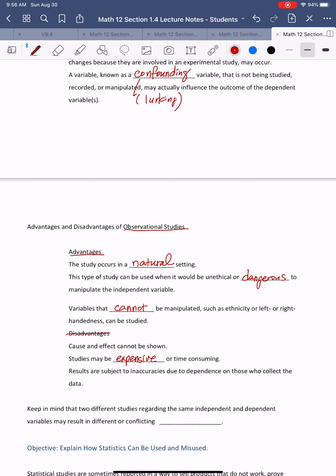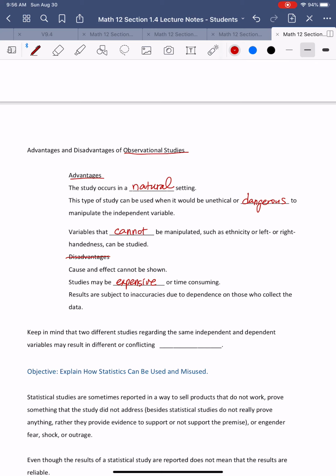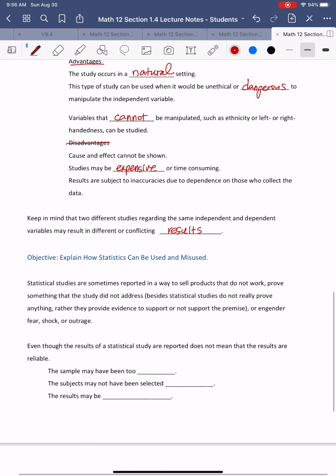Results are subject to inaccuracy due to dependence on who collects the data. So keep in mind that two different studies regarding the same independent and dependent variables can result in different or conflicting results. That's what we want to see at the end, right?